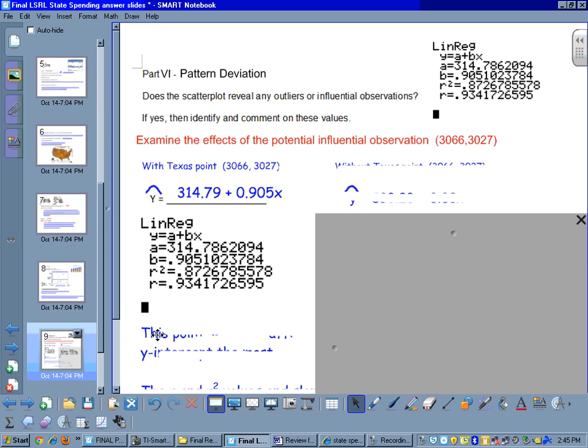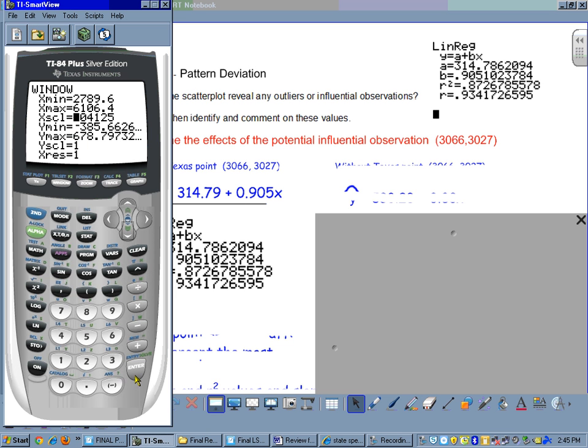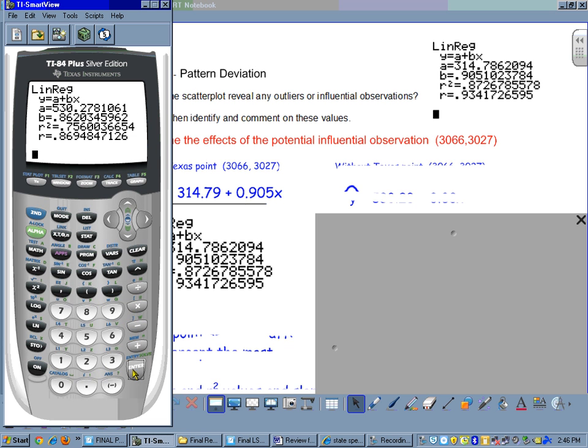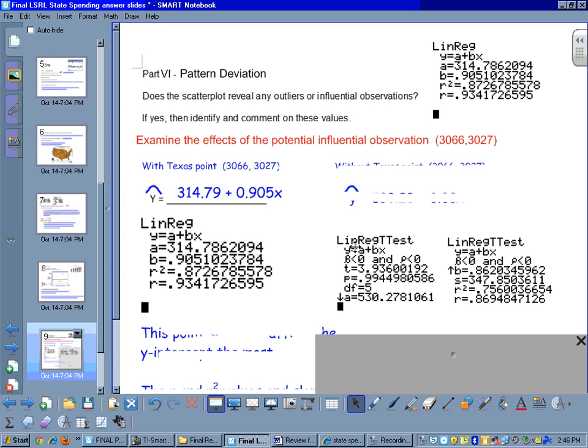And when I take the Texas point out, and I can do so by turning my stat editor on and going in and taking out the values for Texas in both the X and the Y lists, and then I can do second entry, bring back my LinReg, recalculate that, and that is how I get my new values over here.